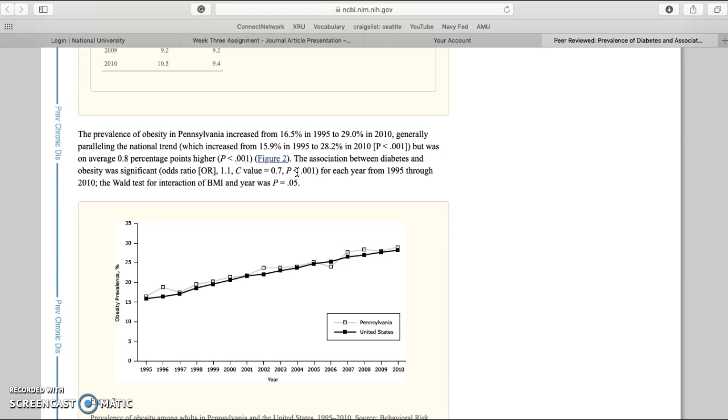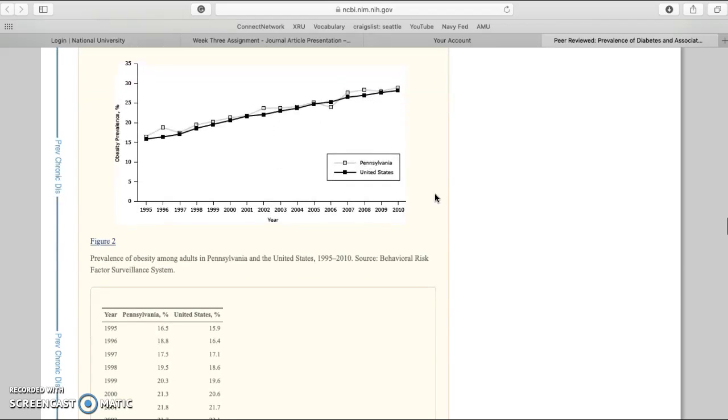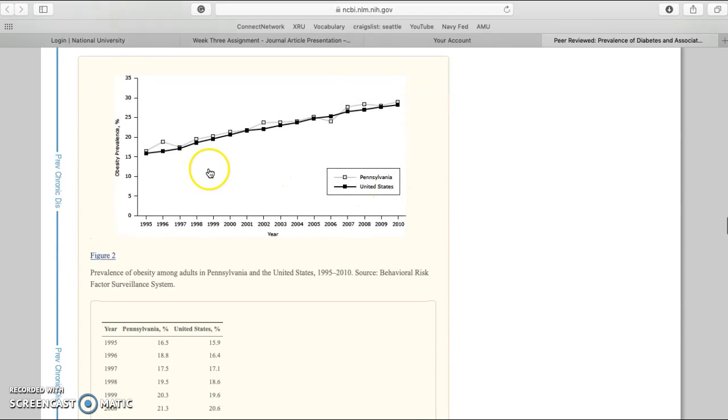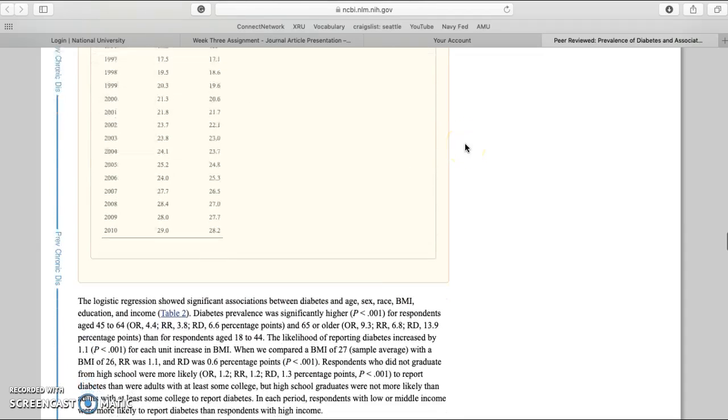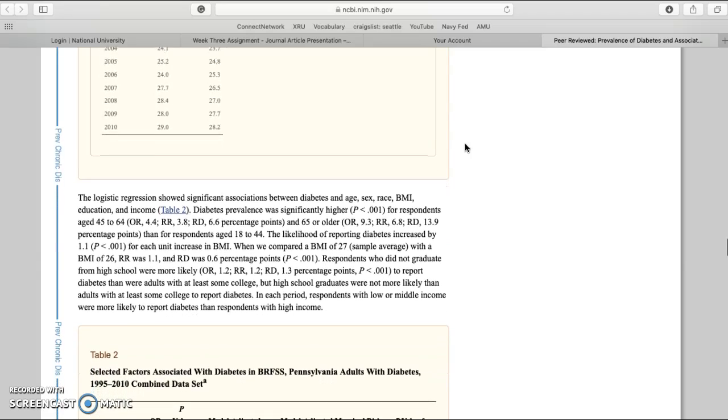P is less than 0.001. Before that, here's the obesity prevalence. It looks like 2006 was the only year that was lower. That's a pretty significant finding right there.